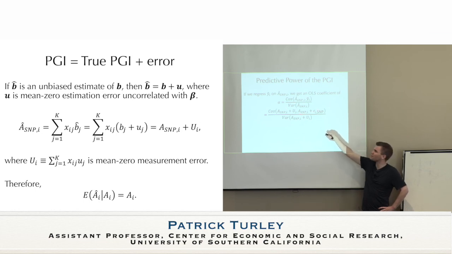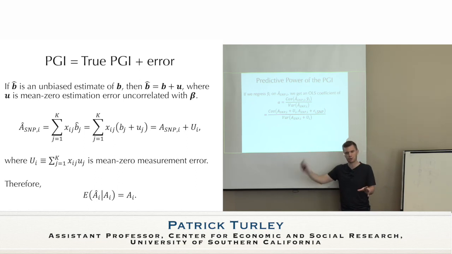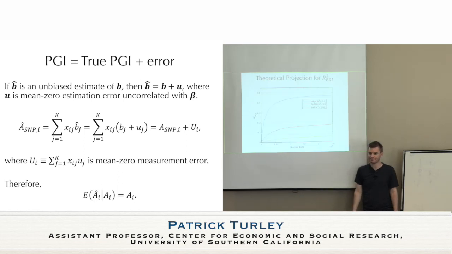That induces a correlation, and so there's an additional term in the numerator, and that inflates the R-squareds. That's where it comes from. Overfitting is also just the shorthand term you'll hear. If there's sample overlap between the discovery and prediction sample, then you have overfitting.